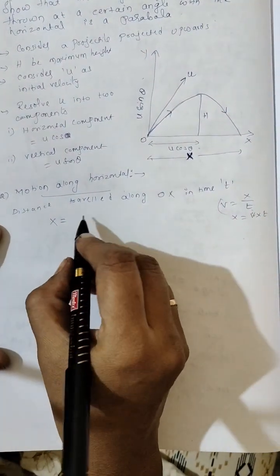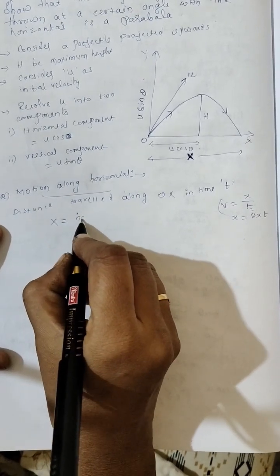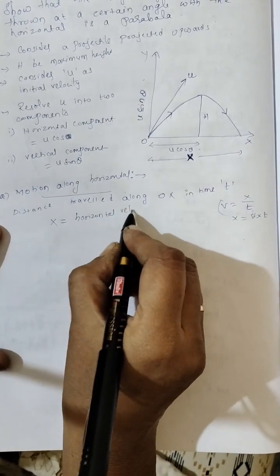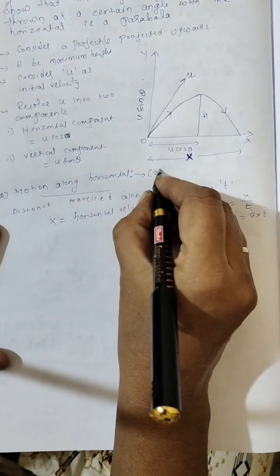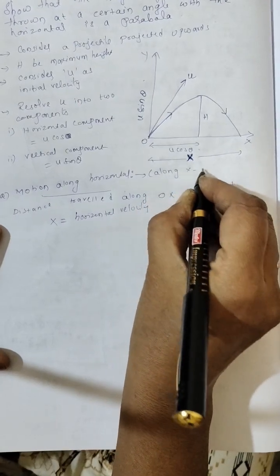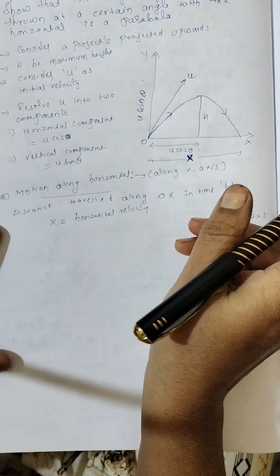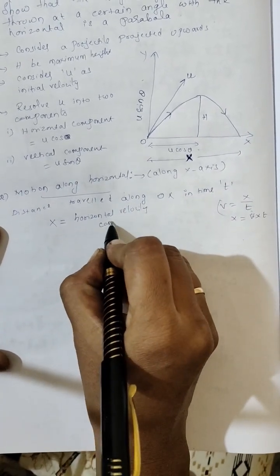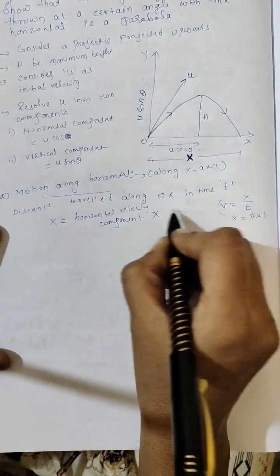So it is the horizontal velocity component along the x-axis. Horizontal velocity component into time.